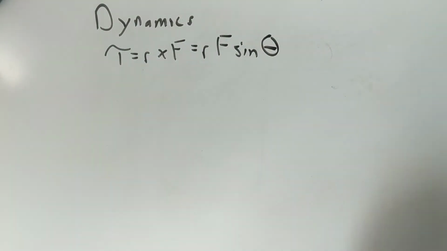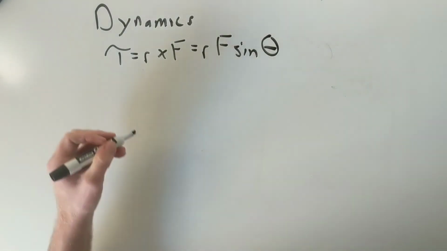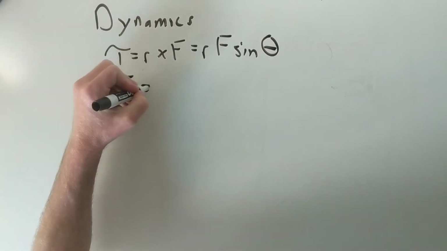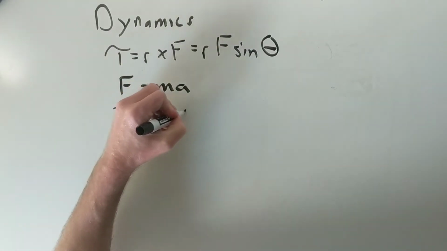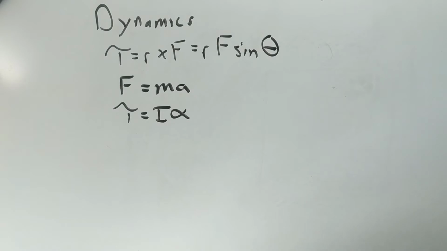Just like an unbalanced force causes something to accelerate, an unbalanced torque also causes something to accelerate, but angularly. And where we have F equals ma for linear things, we have torque equals I alpha for angular things.